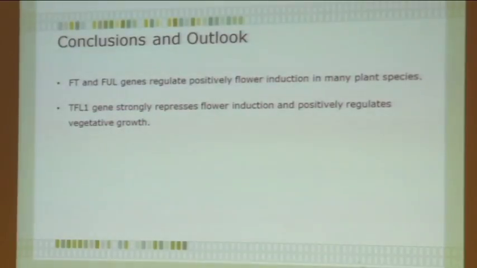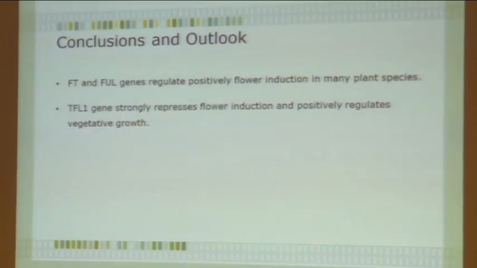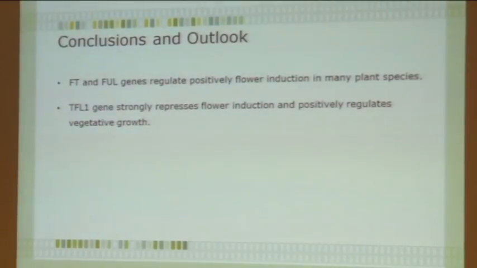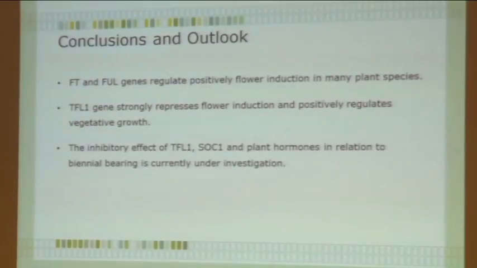On the contrary, TFL1 seems to be a strongly repressor gene for flower induction, but it positively regulates vegetative growth. So there's more growth response of leaf and shoot than flower and fruit response.